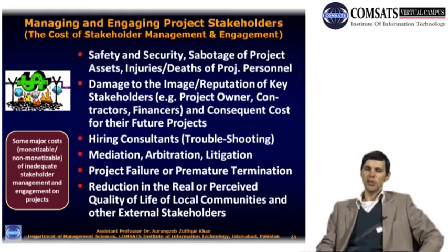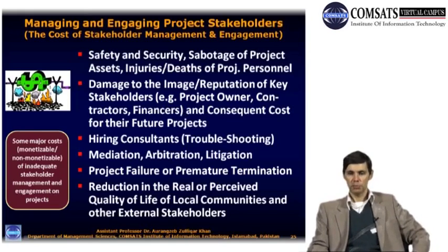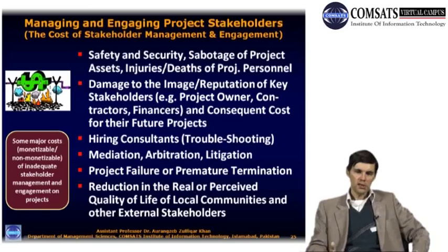A big problem is mediation, arbitration, and ultimately litigation, which can spell a lot of problems for your project, which can perhaps even result in premature termination of your project. So this would then be a typical lose-lose situation here if you do not properly manage and engage your project stakeholders.